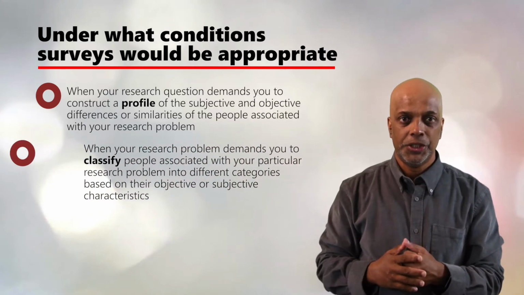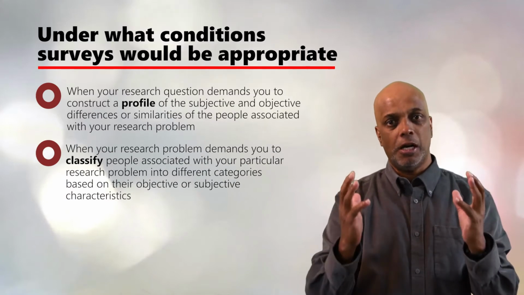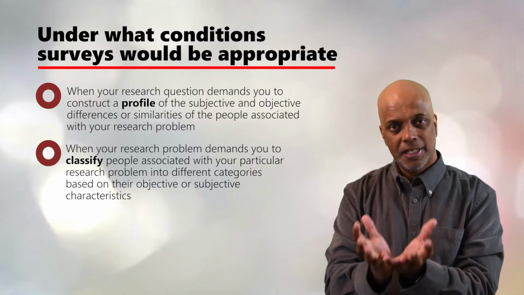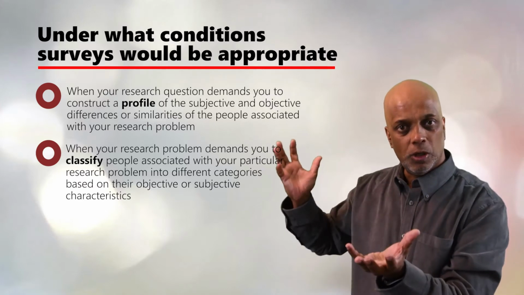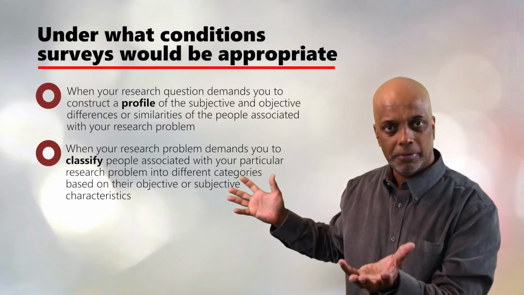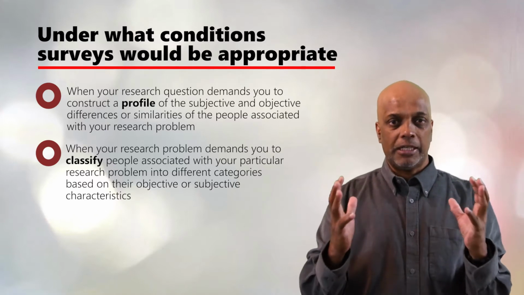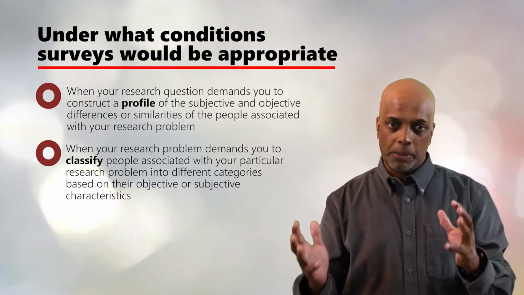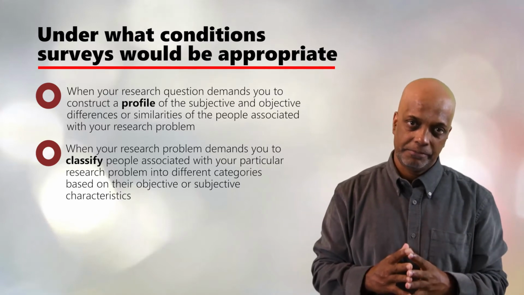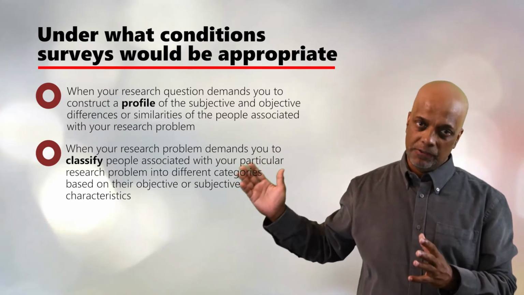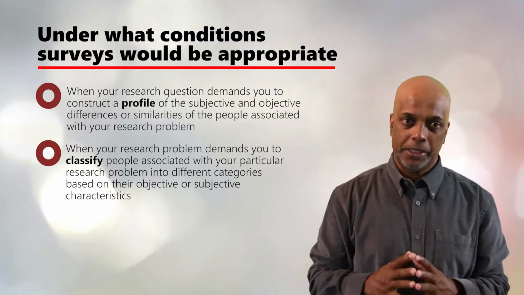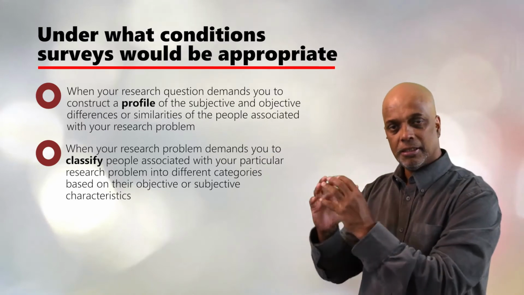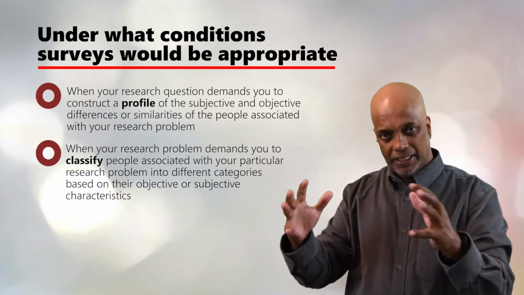Secondly, when your research problem demands you to classify people associated with your particular research problem into different categories based on their objective or subjective characteristics, then a survey method would become appropriate. So you want to construct a categorical classification.